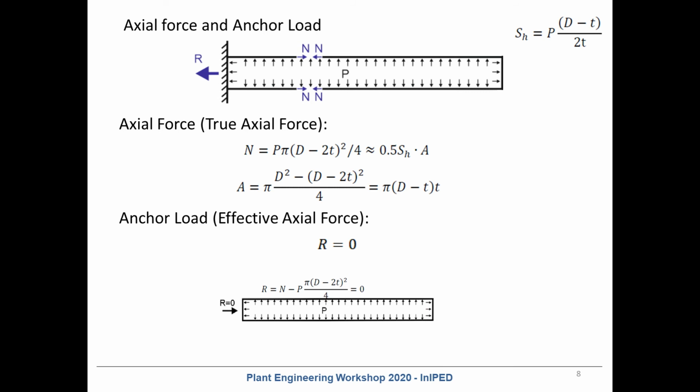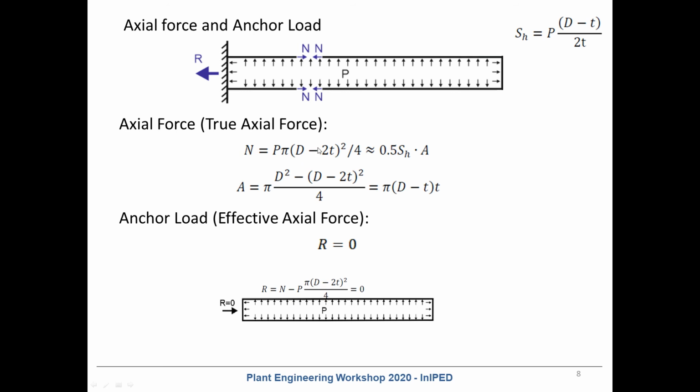What will be the axial force, internal force in the pipe caused by internal pressure? The force that is acting on the end cap of this pipe will cause the internal tensile force that is equal to the area, cross-section area, multiplied by 0.5 by hoop stress. It is approximate equation. And the anchor load will be zero. How could it be?